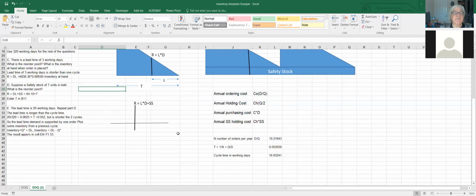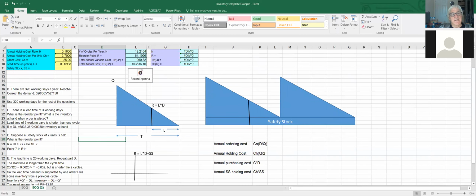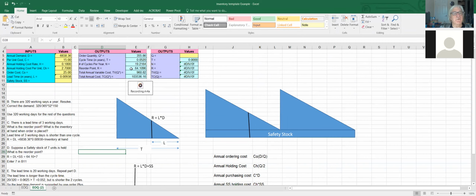So what happens in this system, the inventory starts to drop until you hit a value of 64 units, can you see our reorder point? 64.10, and then you are placing a new order. You don't receive it right away, you wait for 3 days, and only here you are going to receive it.